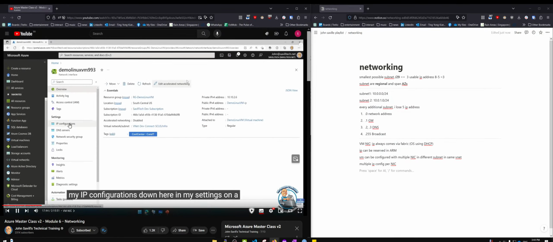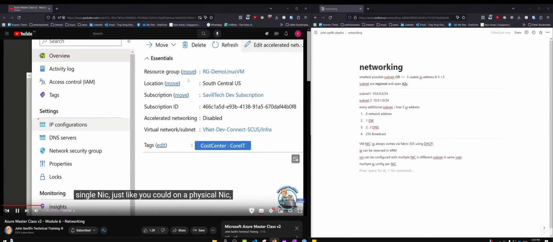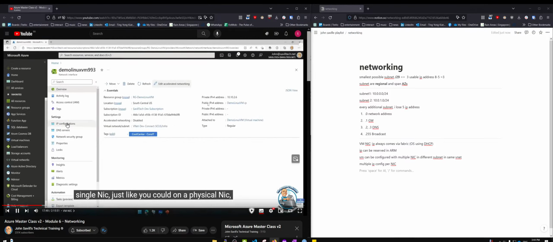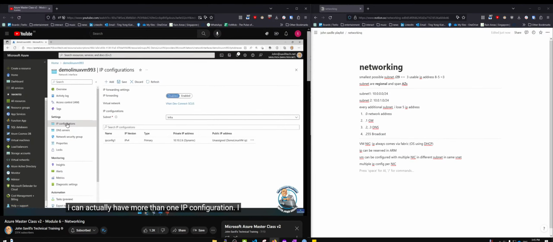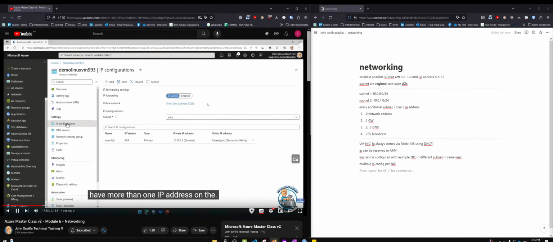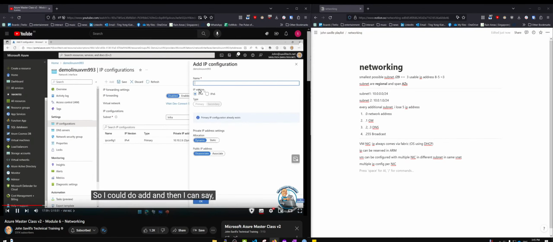If I go to my IP configurations down here in my settings, on a single NIC, just like you could on a physical NIC, I can actually have more than one IP configuration, i.e. more than one IP address on a single NIC. So I could do add, and then I can say, well, do I want to add an IPv4 or an IPv6? I can only have one primary, which I already have, so it has to be secondary.